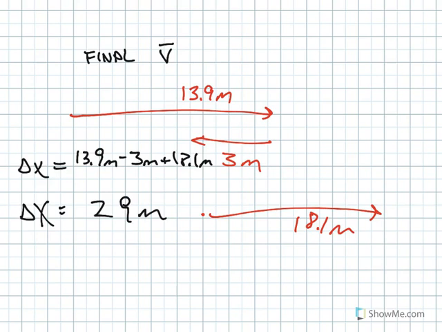Now you need to divide that by the total time. For the first part of the motion, the time was 2.5 seconds. Then for the next part of the motion, the time was 2.7 seconds. And then the final time interval was 5.2 seconds.